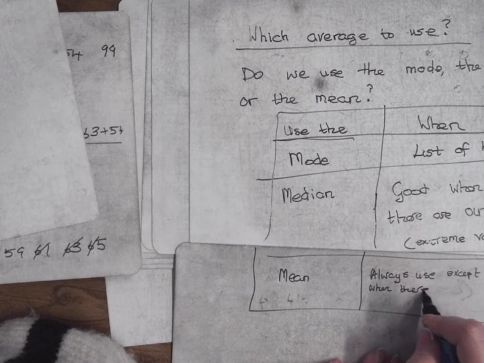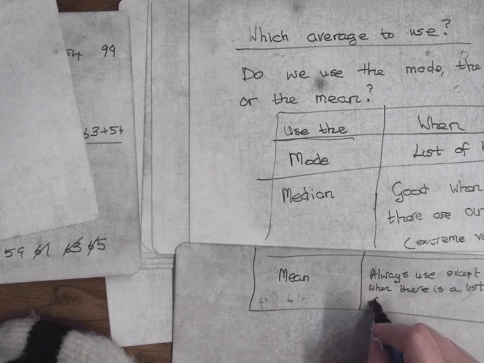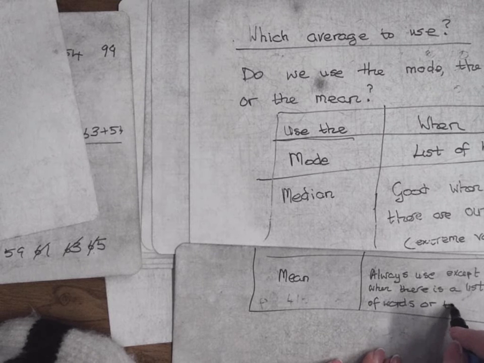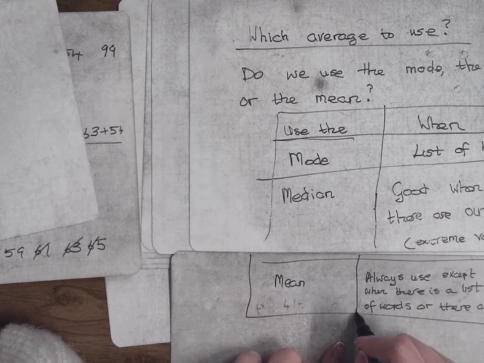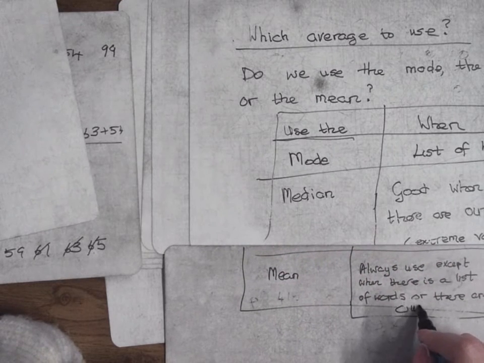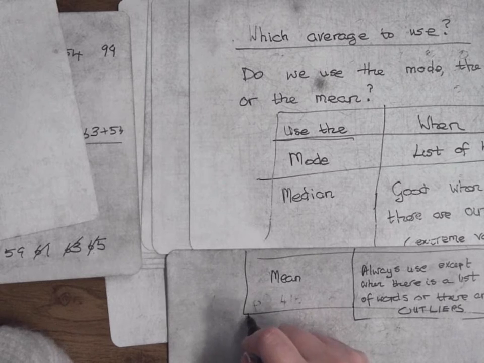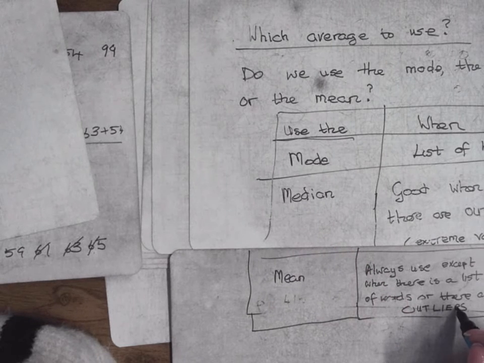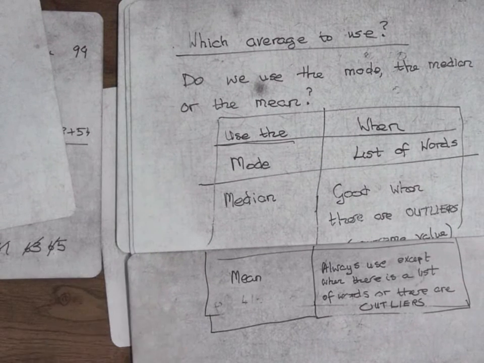Except when there is a list of words. So always use the mean, except when there's a list of words or when there are outliers.